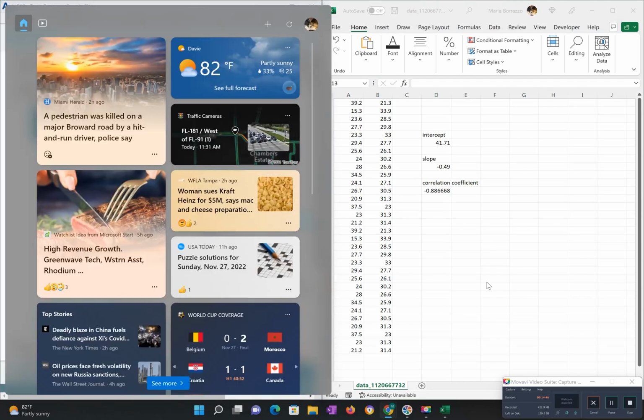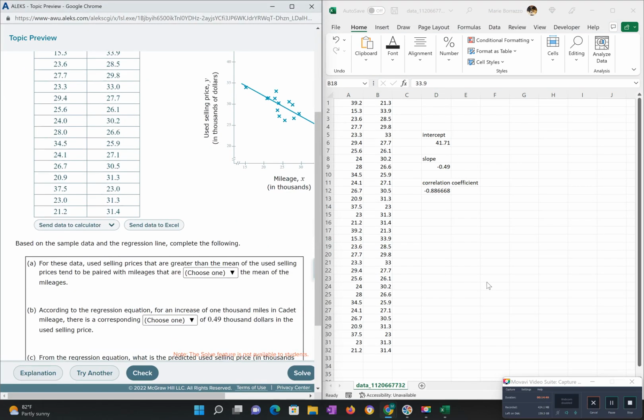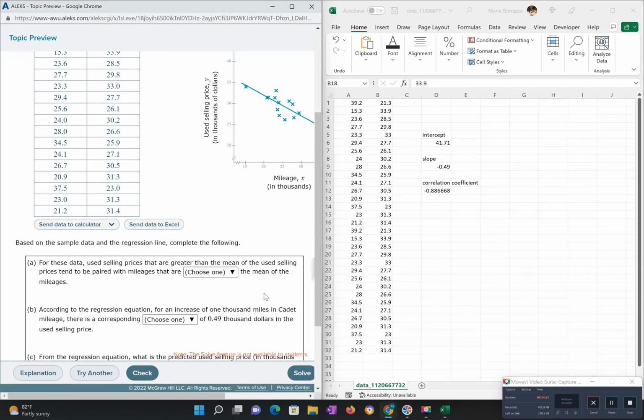Let's see what it asks us in the question. So this is the one part of the question it's always a little difficult for students to come to grasp with. So for these data, used selling prices that are greater than the mean of the used selling prices tend to be paired with mileages that are blank of the mean.